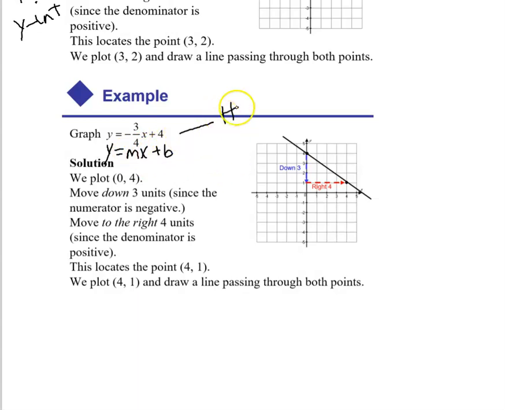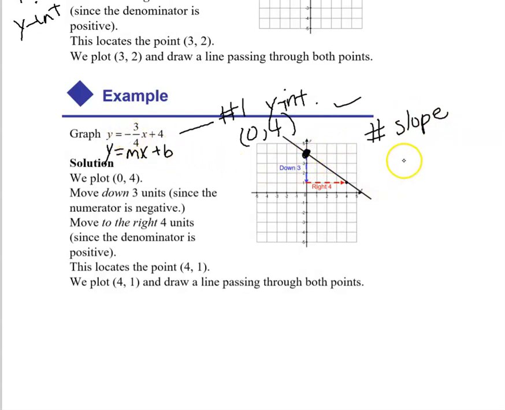Remember that the number one thing you need to do is plot your y-intercept first. Okay, and so our y-intercept would be the b part, so 0, 4. So go to 0, go up 4, and plot that point. Take care of that. The second thing you need to do is deal with your slope from this point.